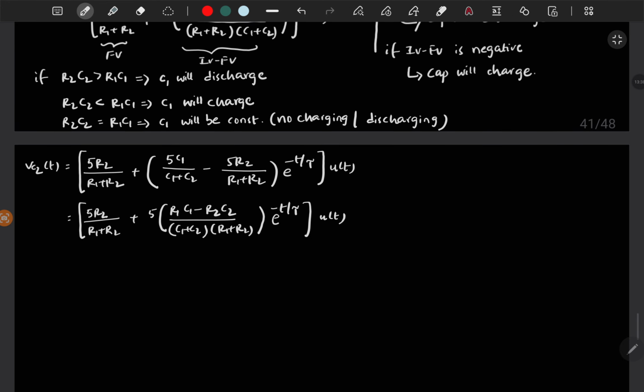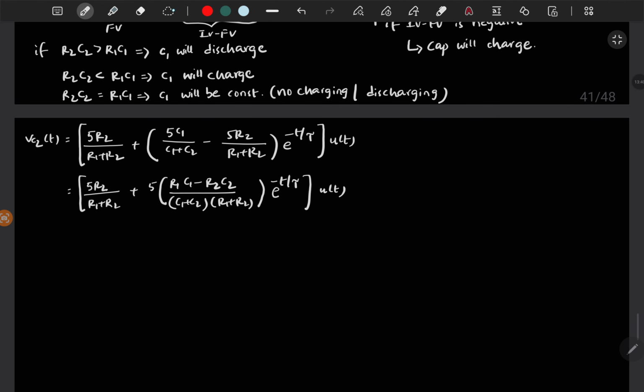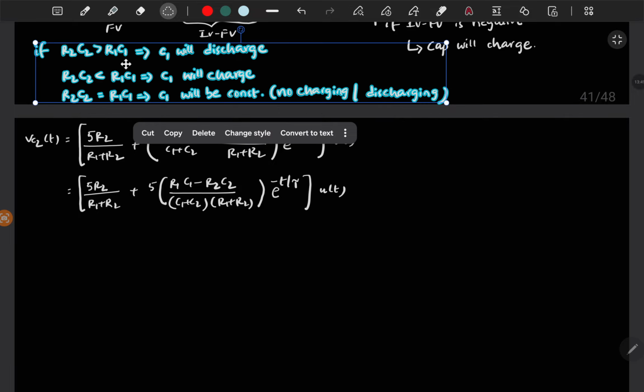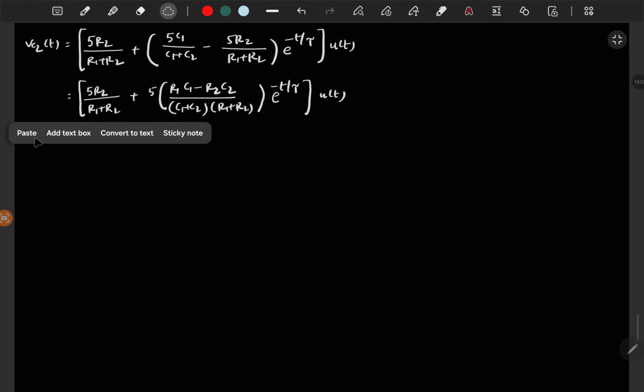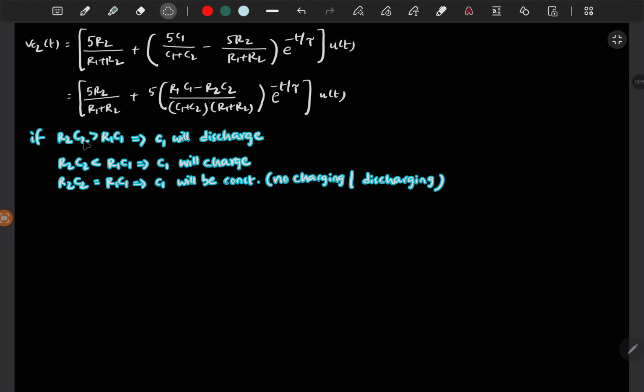So for the capacitor C2, if R2C2 is greater than R1C1, it means this term will be negative, right? If this term is negative, initial value is less and final value is more.